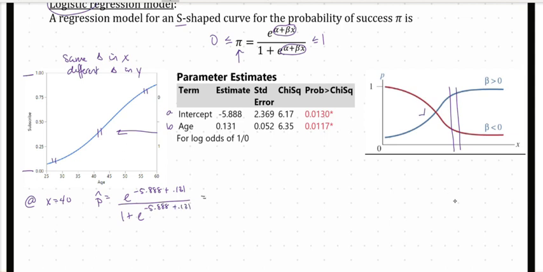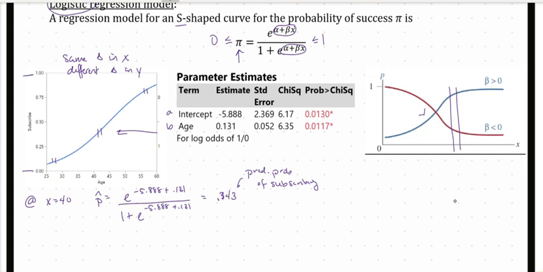And that gives me a predicted probability of 0.343. So this is my predicted probability of subscribing for 40-year-olds. If I have a 40-year-old, I'm going to give them a chance of subscribing of about 34%.